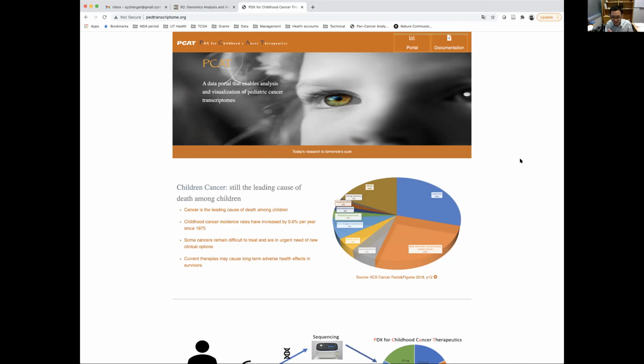So that's why you need to design the panel to specifically include this region to be able to call fusions. That's why most of the panels are not able to capture fusions. They are not looking at the RNA. If they can do RNA sequencing, that's a lot easier.